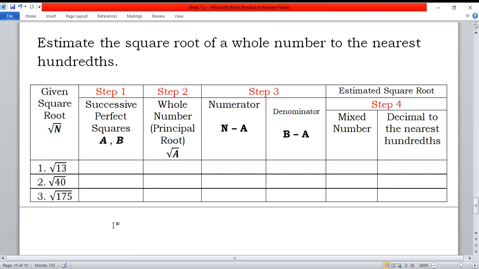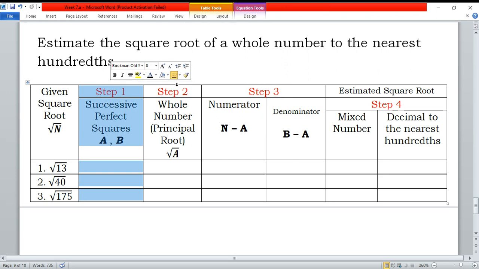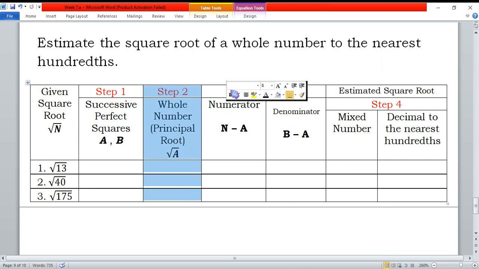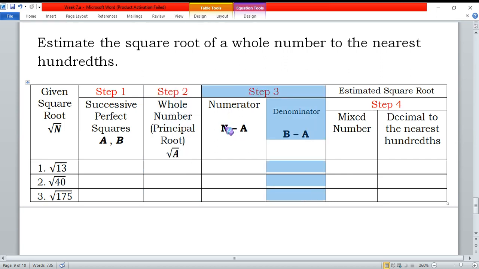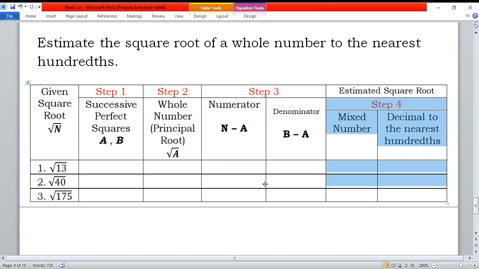Ngayon, ito yung step 1 natin, this one is step 2, this one is step 3, and this one is step 4. Okay? Tuloy tayo.